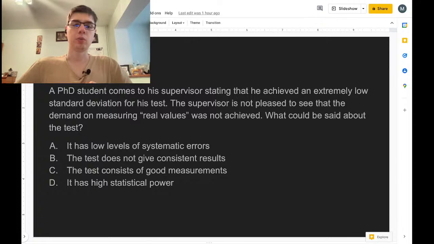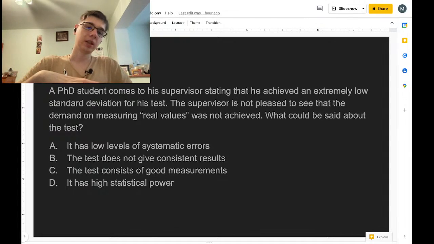If we have a test that has low levels of systematic errors, then we have a high accuracy, not precision. If the test does not give consistent results, then we have low precision. And if the test consists of good measurements, it is probably an accurate test.